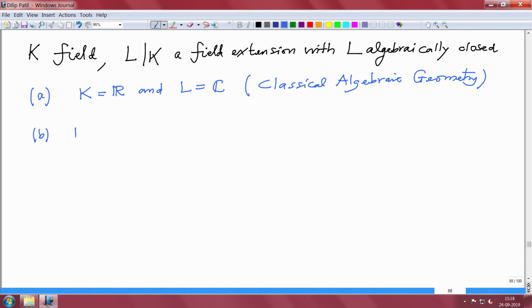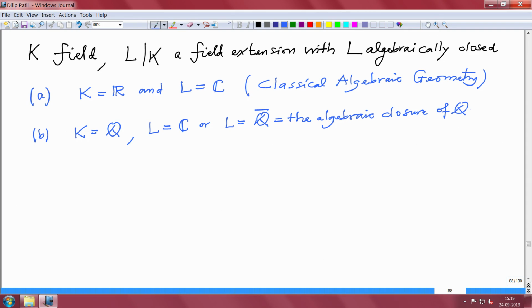Alright, so the second one is K equal to Q. Q is the field of rational numbers, and either for L you can take C or you can take Q bar. Q bar is the algebraic closure of Q inside C. So, what does that mean?